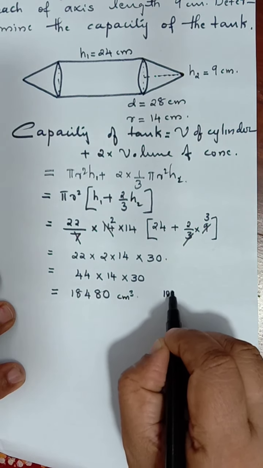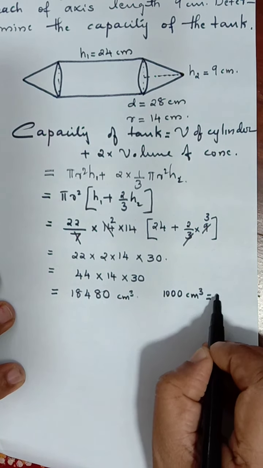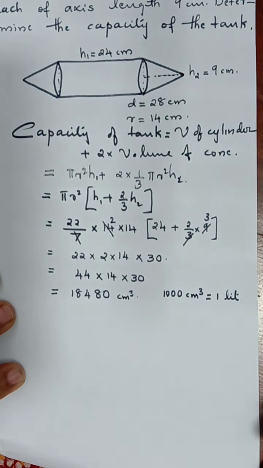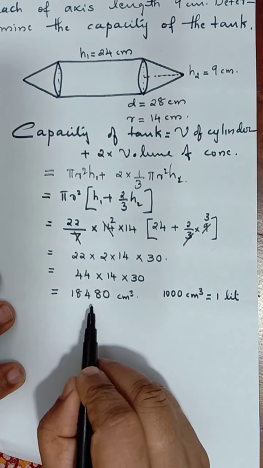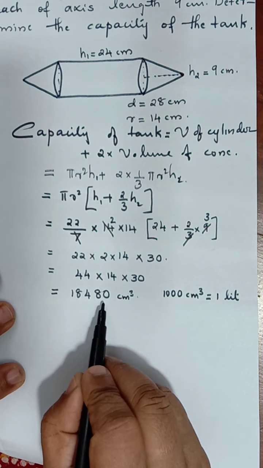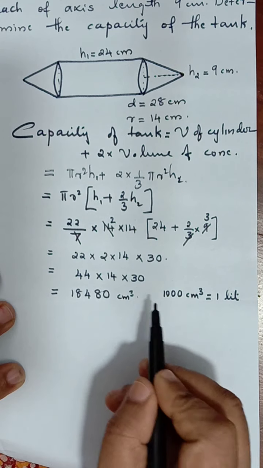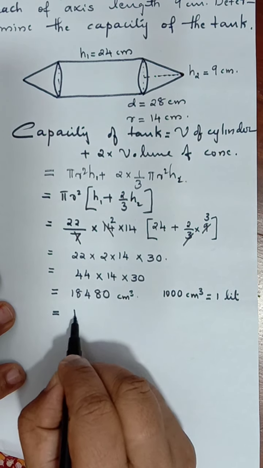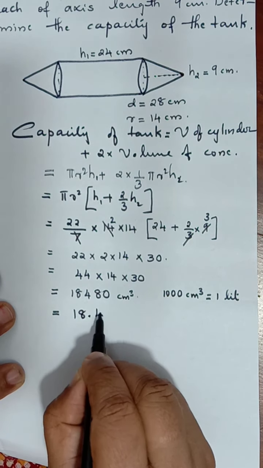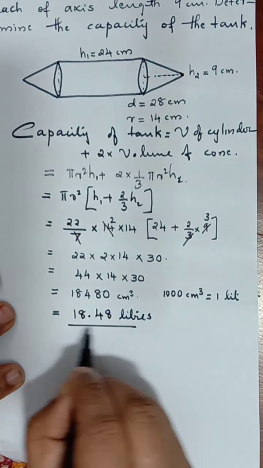Those who don't know the conversion, you have to write 1000 cm cube equal to 1 liter. Therefore, 18,480 cm cube, when we divide it by 1000, we will be getting 18.48 liters. That is the answer.